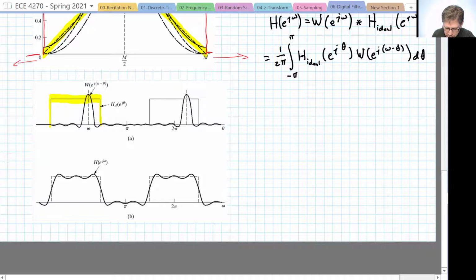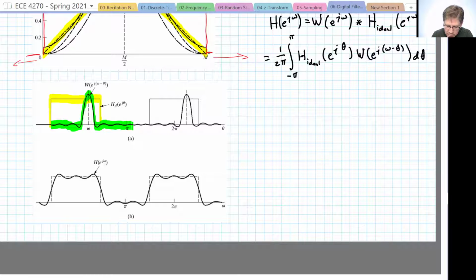What's going on here is that we have the Fourier transform of our window function, highlighted here in green, and we have the Fourier transform of our ideal filter, shown here as an ideal low-pass filter. When we convolve those two functions together, this window function effectively is going to blur the ideal filter.